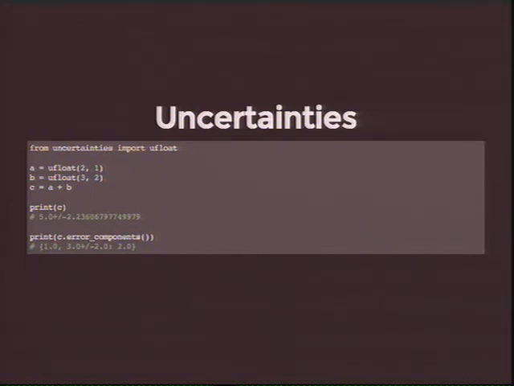It's not a very good measurement. B is worse. B is 3 with an uncertainty of 2. And then C is the sum of these. When you print out C, you get the answer, which is what you expect, plus an error, which has been handled properly. All the error terms have been added in quadrature correctly. And if you have the end product result C, you can work out how the error was computed at, I think, all the steps in the computation chain. So that's really nice.